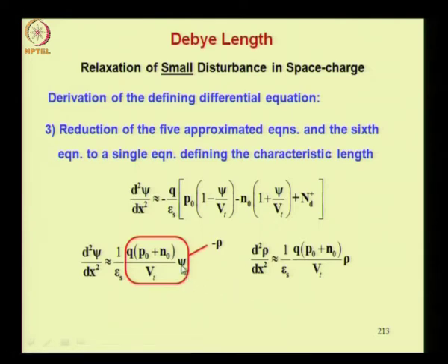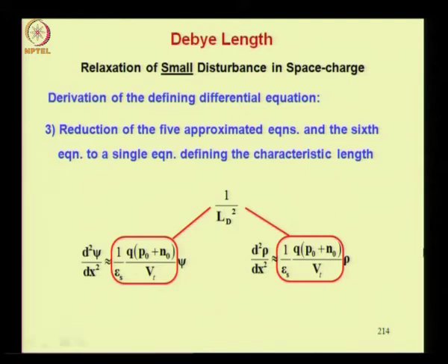Because psi is some constant into rho because of this particular relation, if I put that on both sides, the constant gets cancelled on both sides and you get this equation. So you see that both psi as well as rho are characterized by a similar spatial variation.